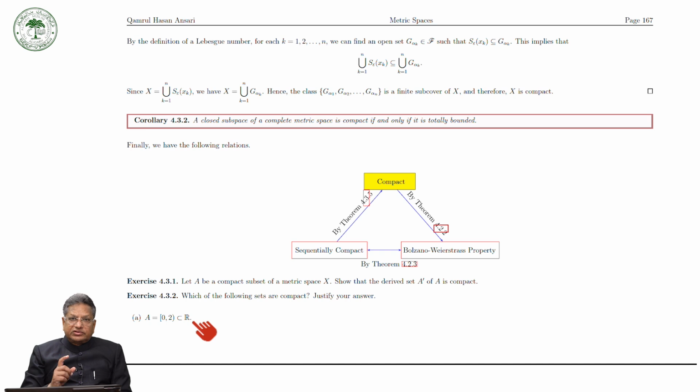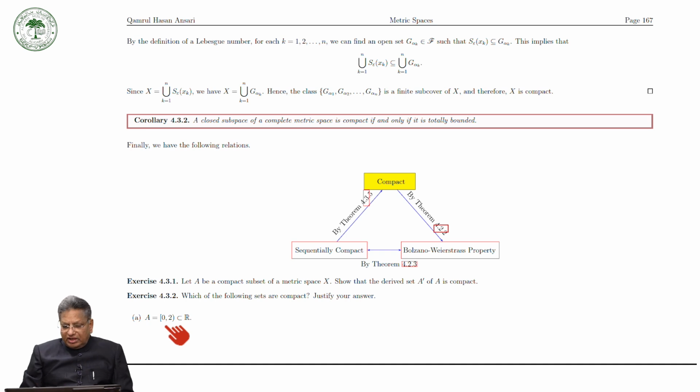So when you consider R, just check whether this set A is closed and bounded or not with respect to the usual metric in R. You see this set is not closed, but it is bounded. So it cannot be compact with respect to the usual metric on R.